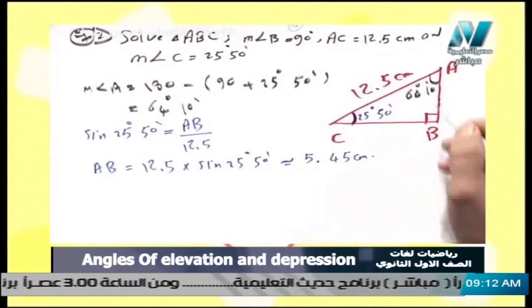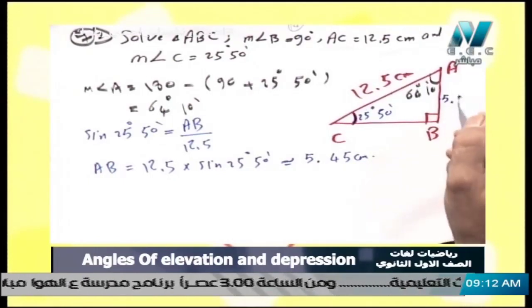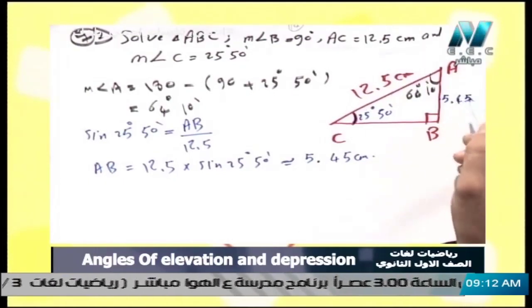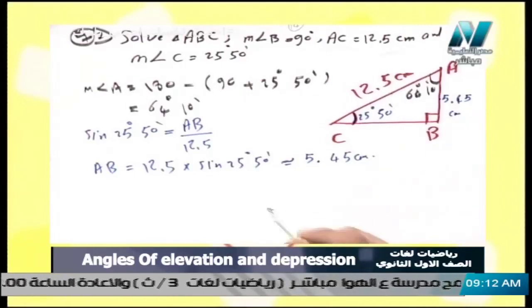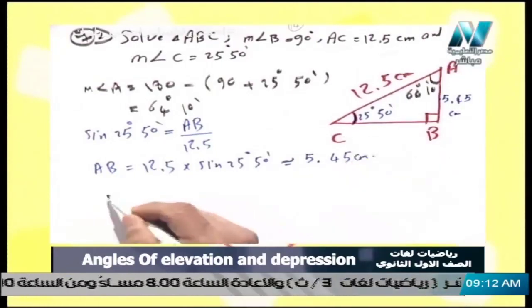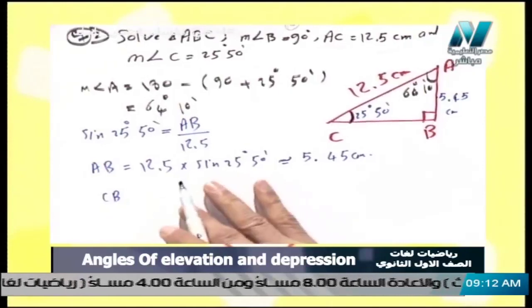Okay, so it's here, 5.45 centimeters. To find CB here, we can apply the Pythagoras theorem.